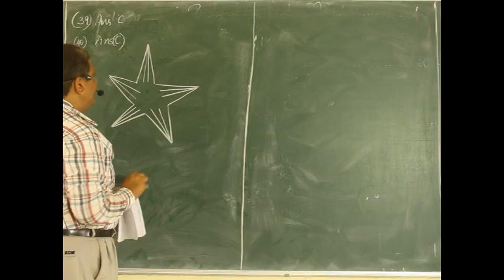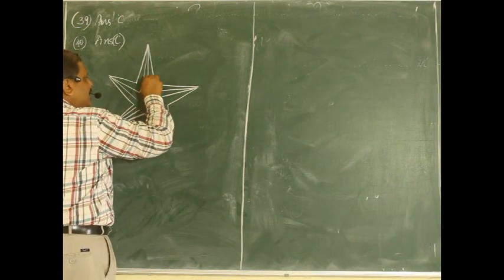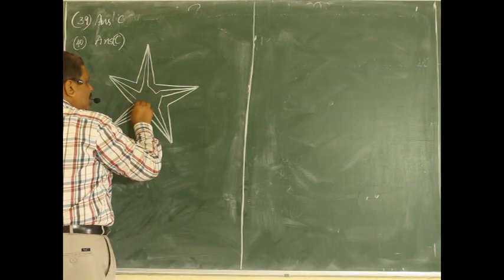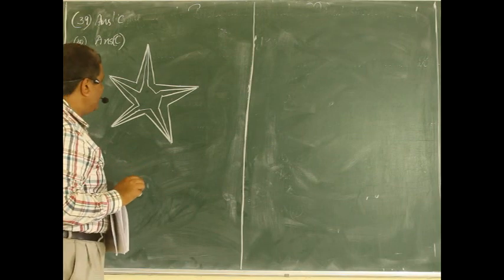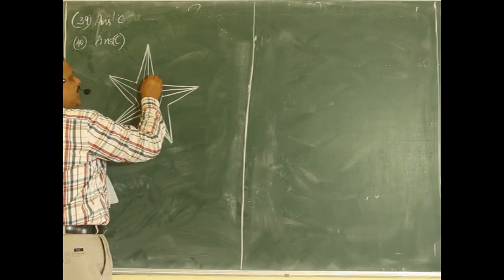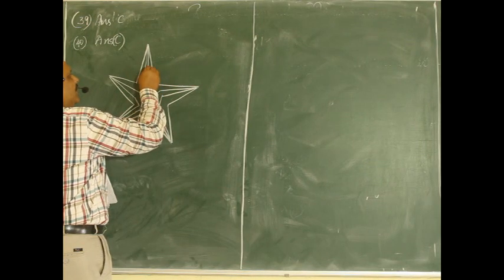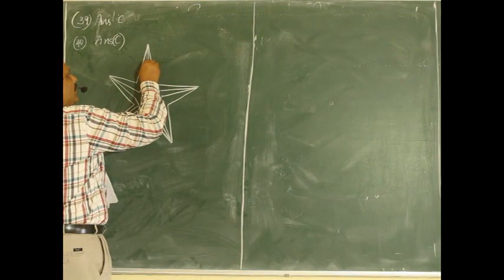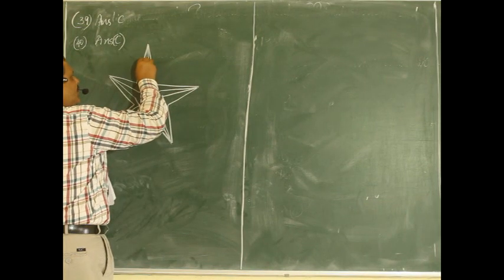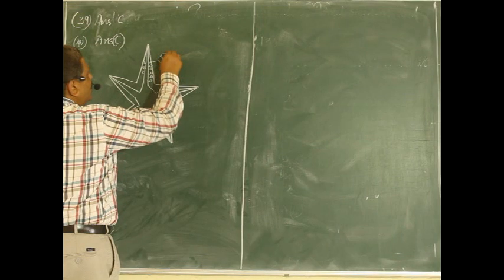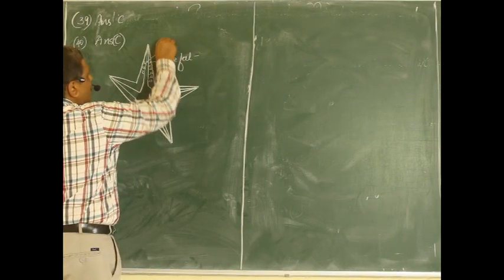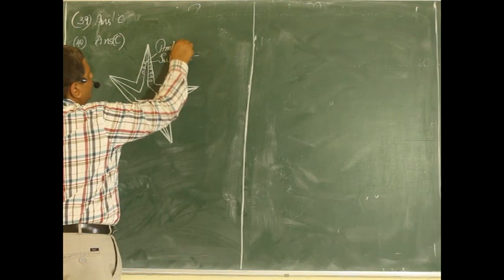You should remember one point: on either side of this groove are small sac-like structures called tube feet.